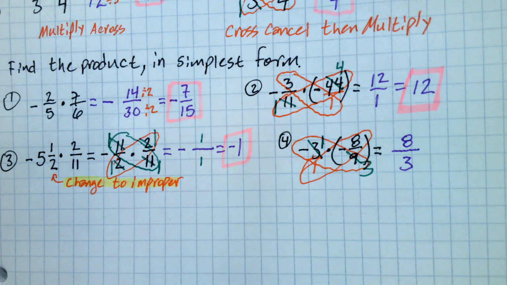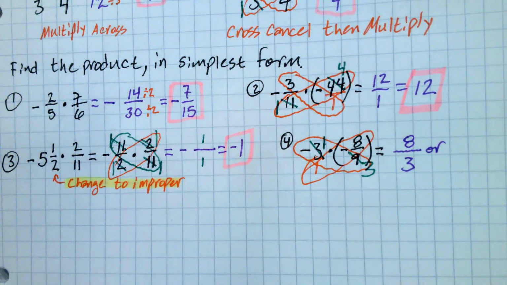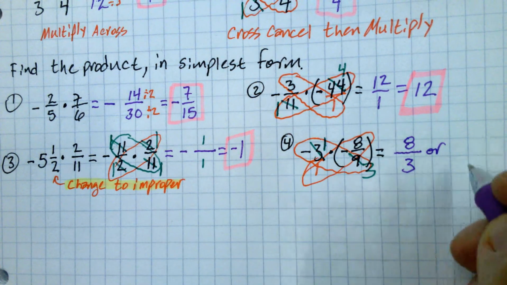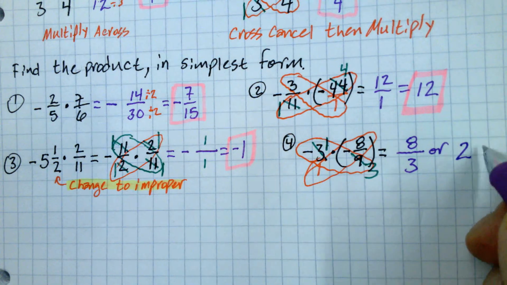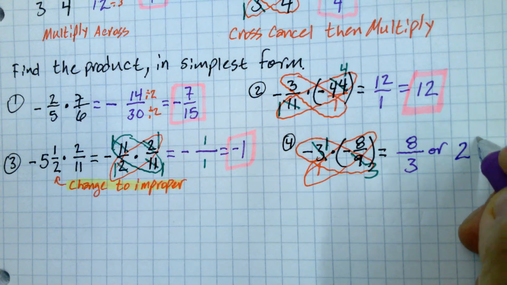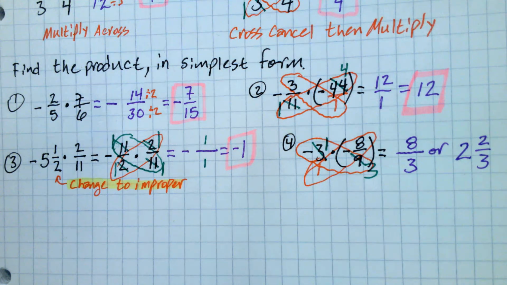If your final answer on today's assignment is 8/3, I'm perfectly okay with that. Or if you decided to change it, let's see, 3 goes into 8 how many times? 2. And 2's left over. If you wrote 2 2/3, that's okay too. Your choice, okay?